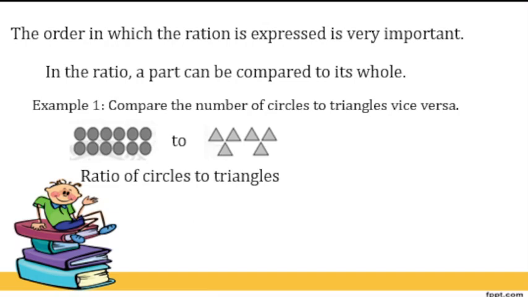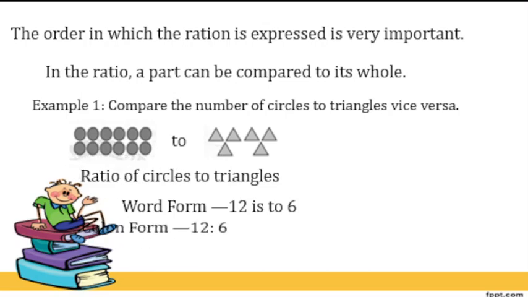Again, a ratio can be expressed in three ways. So we have word form, column, or fraction. By word form, that is 12 is to 6. And then for column, that is 12:6 by using the colon or the tutuldok.